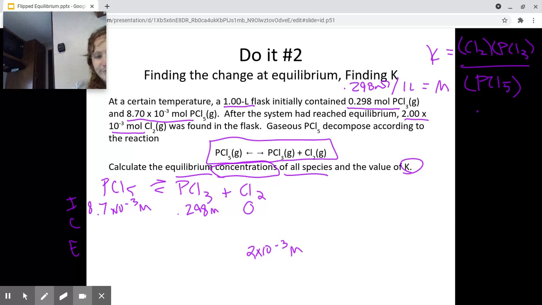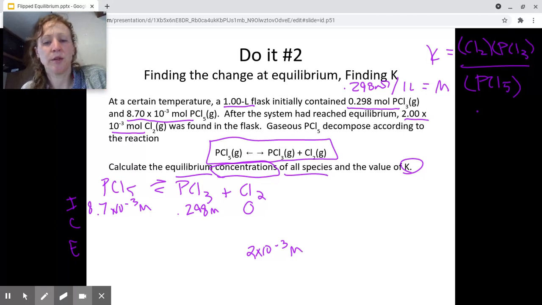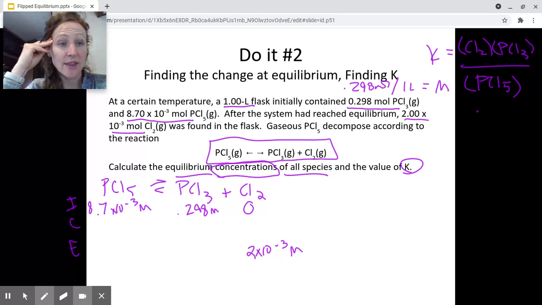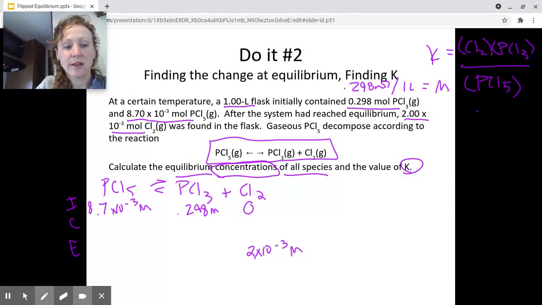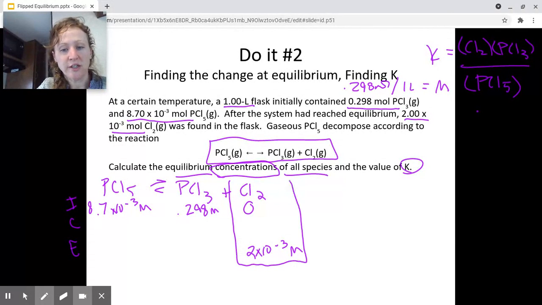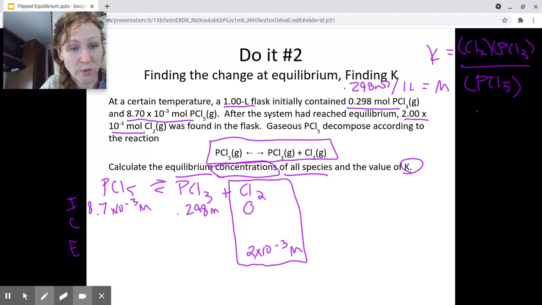Okay, calculate equilibrium concentration. So they don't give us K in this instance, so we have to approach this differently, but they do give us a lot of information for our ICE chart, including the initial and equilibrium concentrations of one thing. If I know initial and equilibrium of something, I can tell you what the change is, right?